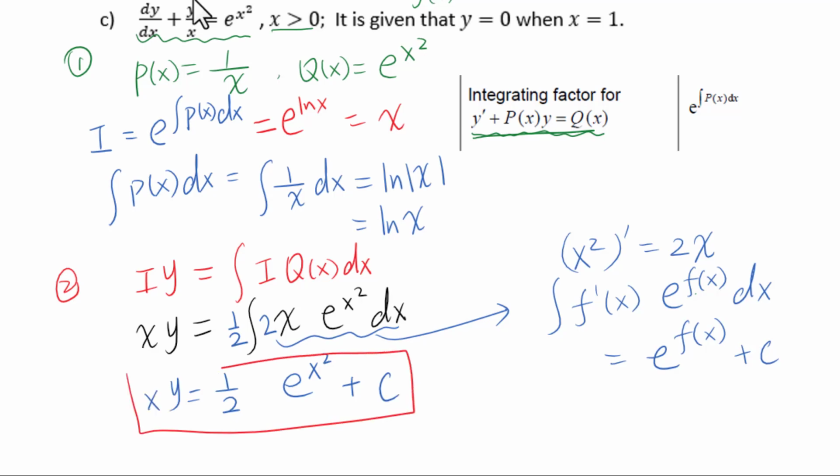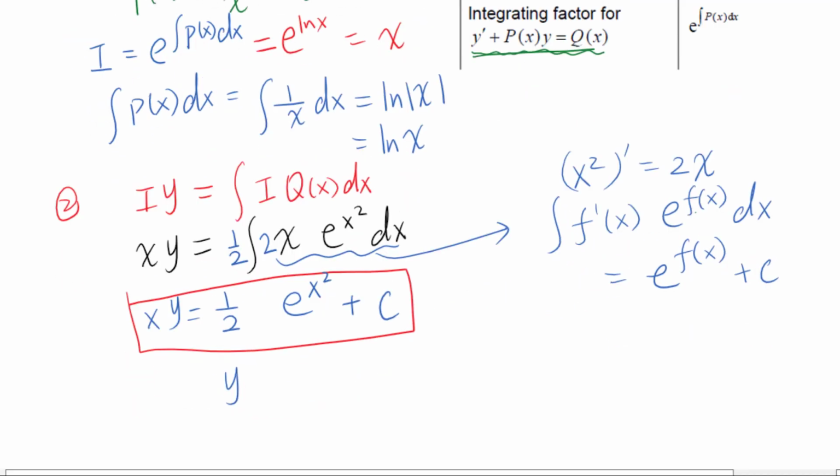Then for this equation, we need to figure out c. Since y of 1 equals 0, 0 equals 1/2 e to the first power plus c.